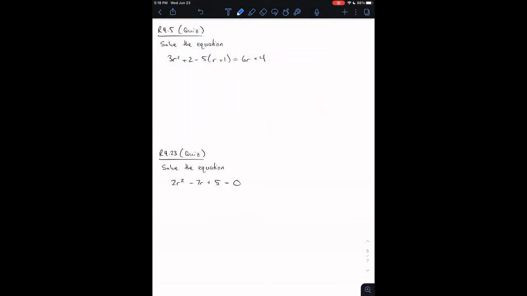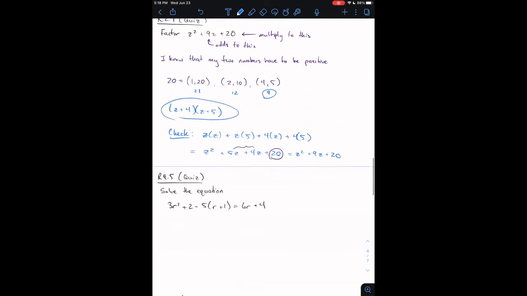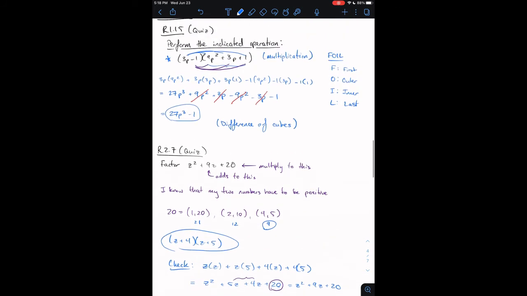So in order to solve any equation for the unknown, which in this case is r, we have to get r on one side and all of the numbers on the other. And we do this by using our handy dandy properties that we learned earlier. If you notice here, we didn't use a lot of the properties.